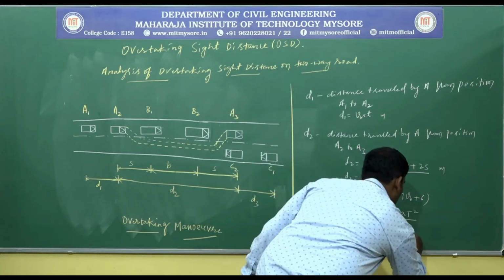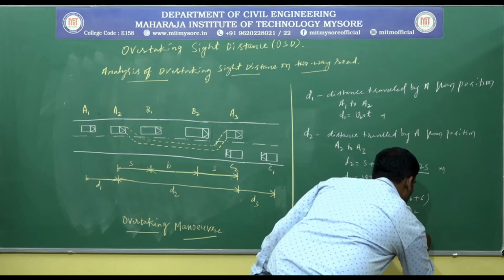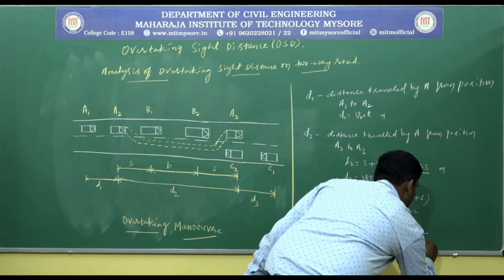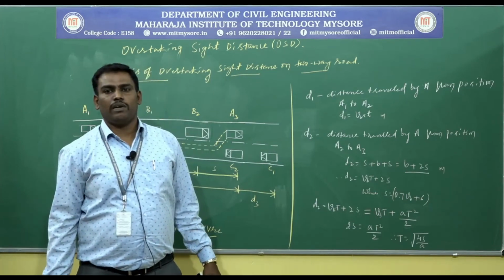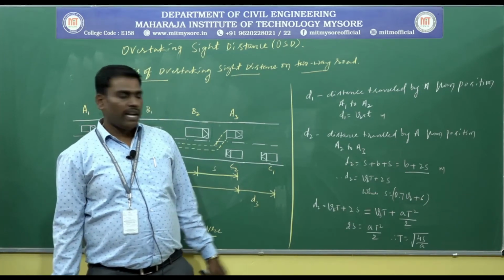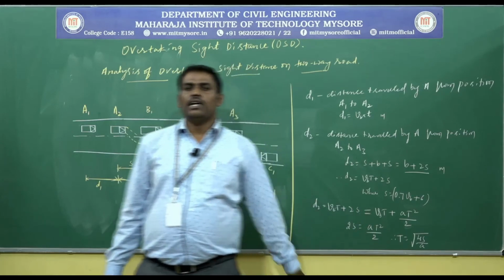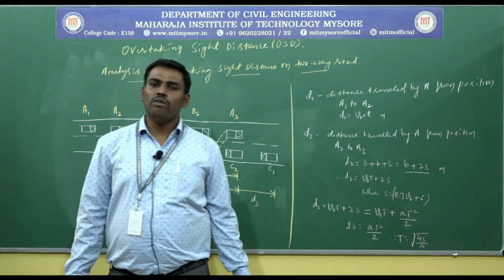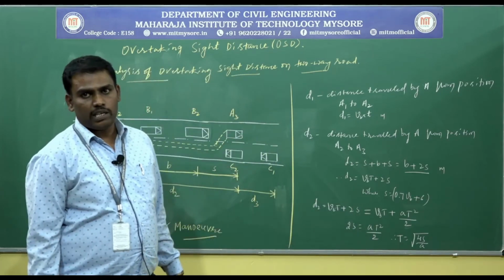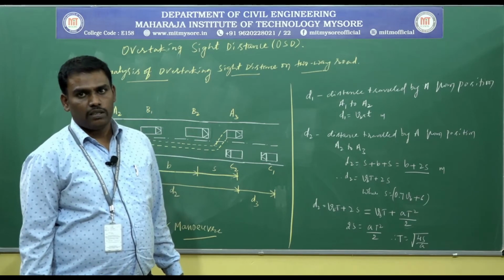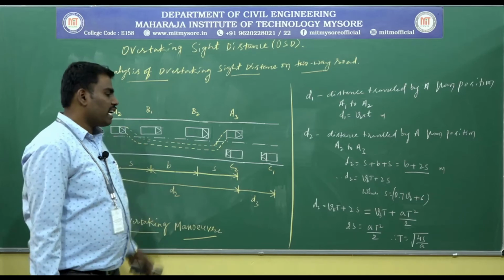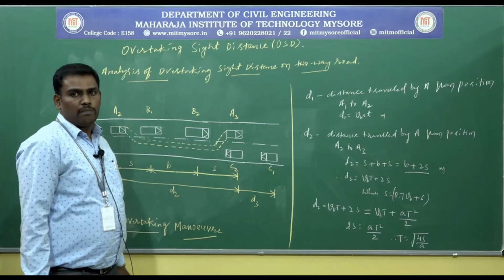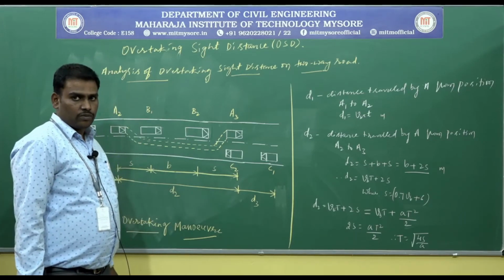Therefore, t is equal to root of 4s by a, where s is the spacing between overtaking and overtaken vehicles, and a is the average acceleration of the overtaking vehicle A in terms of meter per second square.